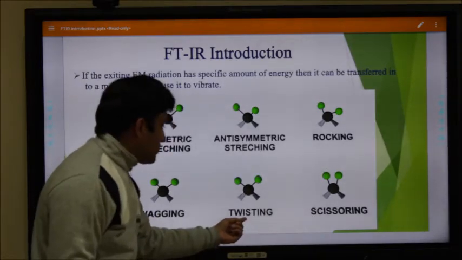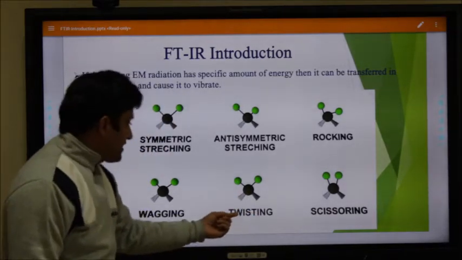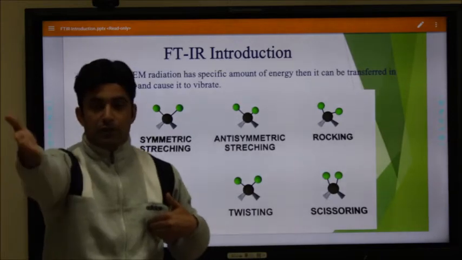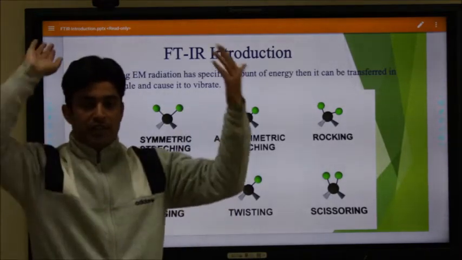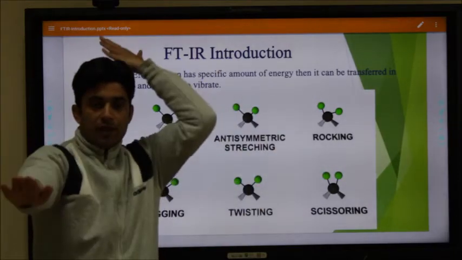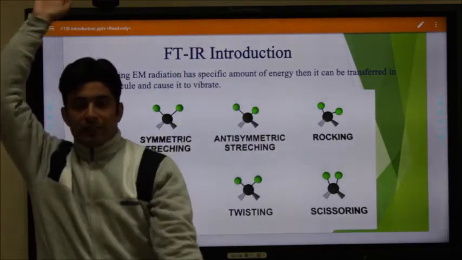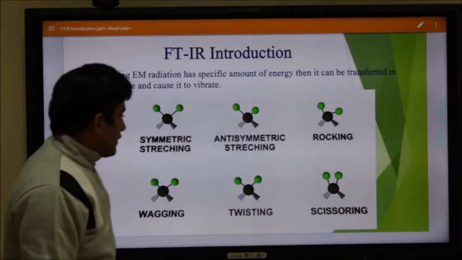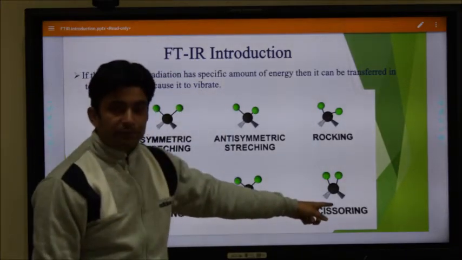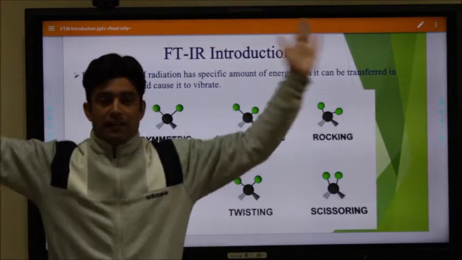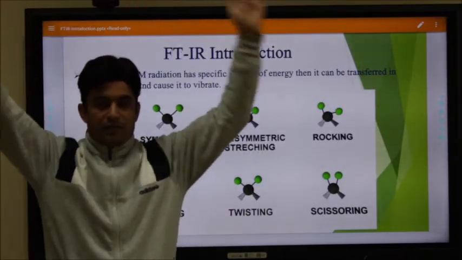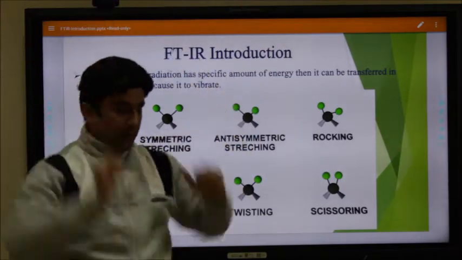Here it's twisting. One bond is towards you and the other will move backwards like this. And the last one is scissoring. In case of scissoring, the bonds will vibrate like this. This is the movement.